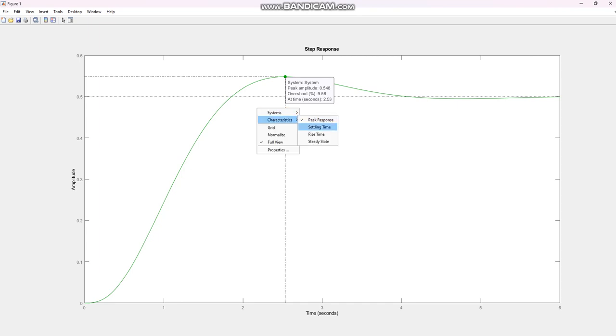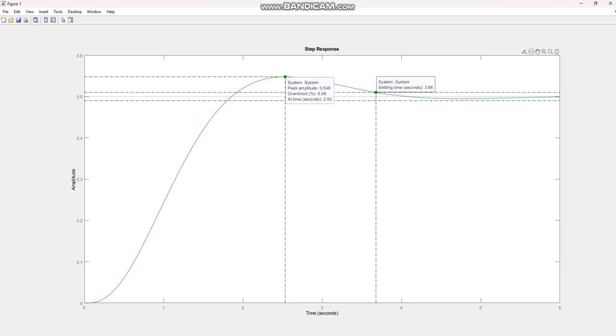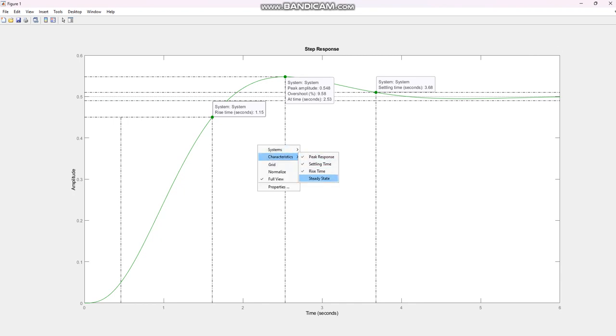The second one is the settling time, which is equal to 3.68 seconds. The rise time of this graph is 1.15 seconds, and the last one, the steady state value of the system, is 0.5.